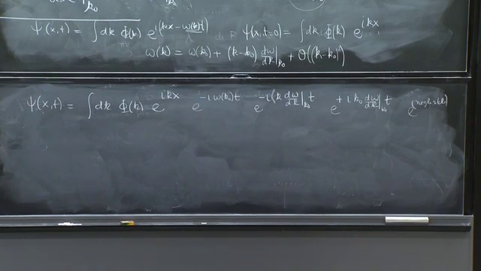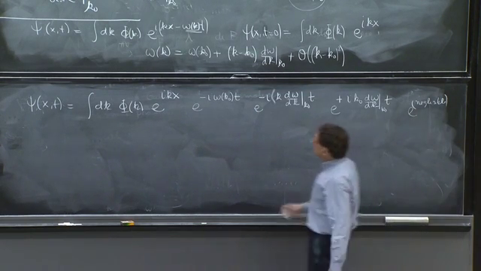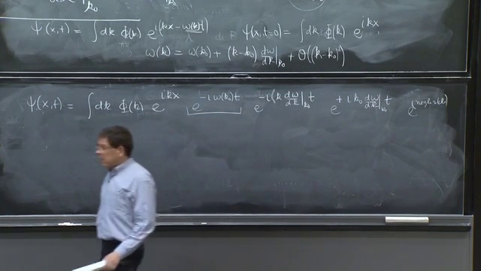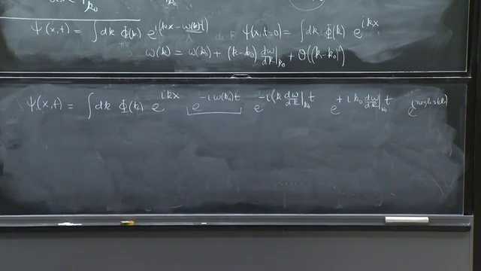Okay, so this is the integral. And then you probably need to think a second, and you say, look, there's lots of things making it look like a difficult integral, but it's not as difficult as it looks. First, I would say this factor doesn't depend on k. It's omega evaluated at k naught.